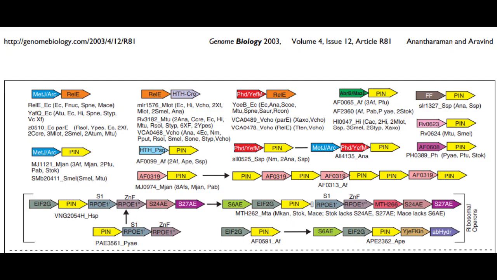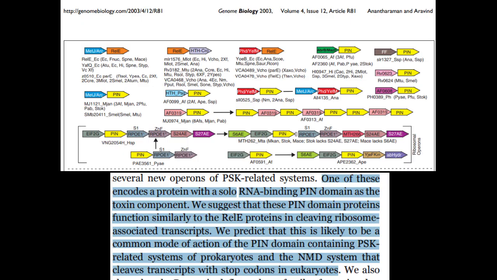One, the selfish toxin-antitoxin system, and the other, this eukaryotic housekeeping system in a sense, which clears these defective mRNAs with nonsense codons. So that pointed to an evolutionary connection for the potential origins of this NMD system in the eukaryotes through the domestication of one of these ancient toxin-antitoxin systems.